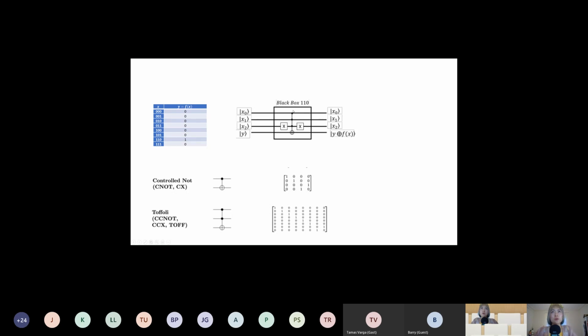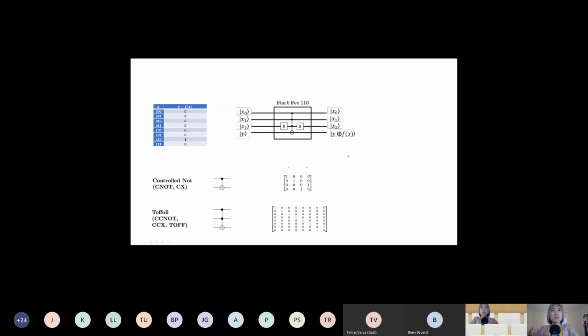So the requirement of this control gate is that all of the other qubits need to be ones when your last one can be flipped. So this means that 110 wouldn't work unless you put these flip gates around it. Especially this one, because that would flip from 0 to 1, then you can change this qubit here. So that's how you set up a black box.